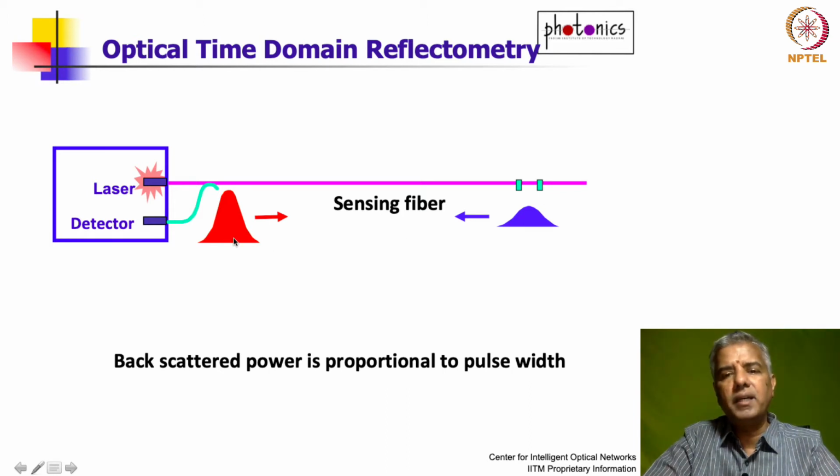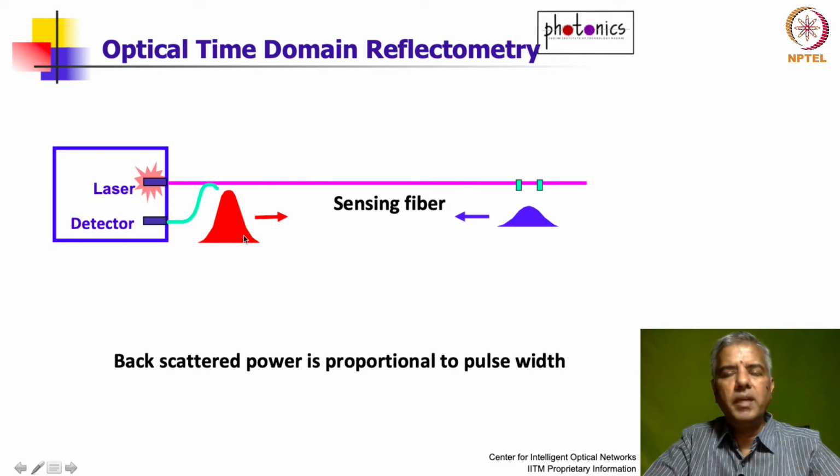It's going to take a certain time for this pulse to go here, and then the scattered light to go back to the detector. But it's all very well timed, meaning it's all highly deterministic, because you know the velocity of light in the fiber. But the point is, if you send a relatively large pulse, you get a relatively large backscattered signal. So your signal to noise ratio could be fairly good when you send a pulse like this.